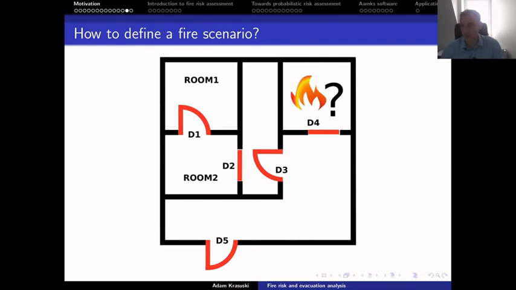What is the probability of fire ignition in this room and this configuration of opening and closing doors? Of course, whether doors are open or not does not close our list of random or varied parameters.